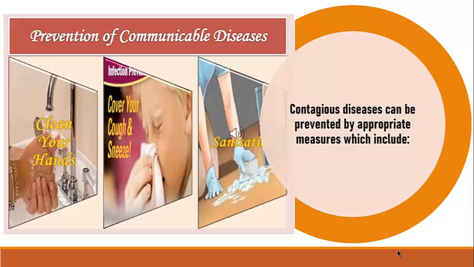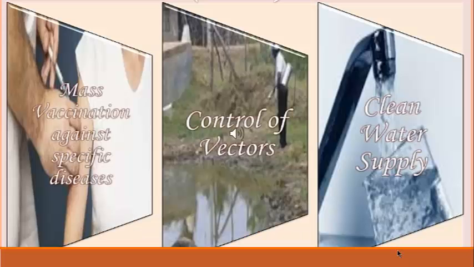Nowadays we all are doing it very well, like sanitation, washing our hands, covering our face, drinking clean water, and controlling the vectors. Vectors are organisms which cause the spread of disease. For example, a mosquito can cause malaria, so a mosquito is a vector.